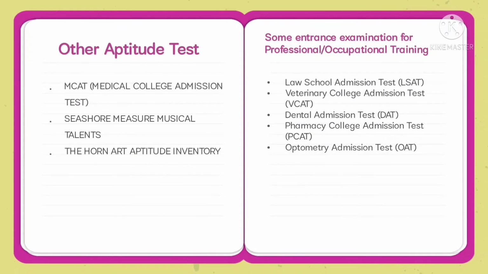For example, an undergraduate student interested in pursuing a career in medicine, including podiatry or osteopathy, will probably be required to sit for the Medical College Admission Test, or the MCAT. Some other entrance examinations for professional occupational training are the Law School Admission Test, the LSAT, the Veterinary College Admission Test, the VCAT, the Dental Admission Test, the DAT, the Pharmacy College Admission Test, the PCAT, the Optometry Admission Test, or the OAT, and many more.